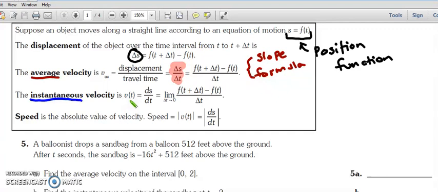And if you notice, instantaneous velocity is the derivative of the position function with respect to time. So when you see instantaneous velocity, think of the derivative. And then finally it talks about speed, and speed is the absolute value of velocity.